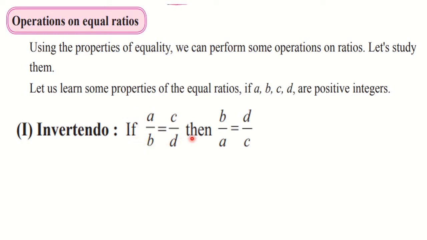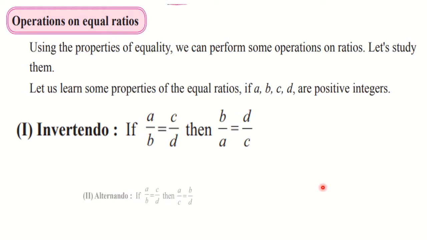But here one thing you have to note, that whatever operation we are doing, you have to do on both the sides, left hand side as well as right hand side. A upon B is equal to C upon D, then B upon A is equal to D upon C. You cannot write A upon B is equal to D upon C. So the operation you need to perform on both the sides. This thing you have to keep in mind. This is also called a property. So this is the first property, that is invertendo.